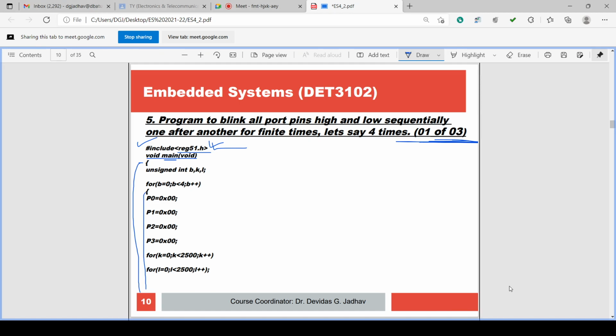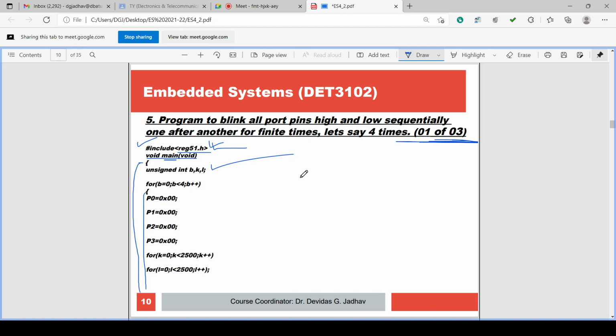For loop is having this. Now under the main function there is a declaration of the variables unsigned integer b comma k comma l. In the previous program only k and l are there. Now here additional b is also declared. That is only the difference.